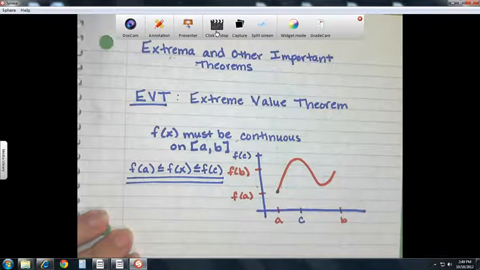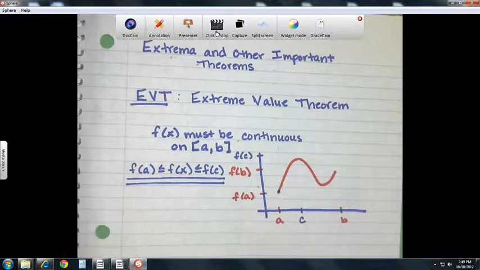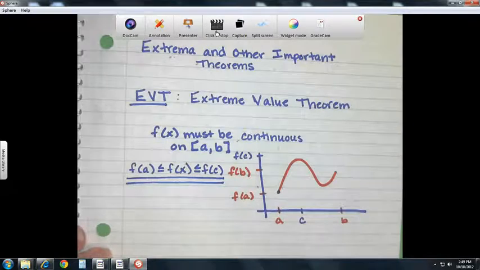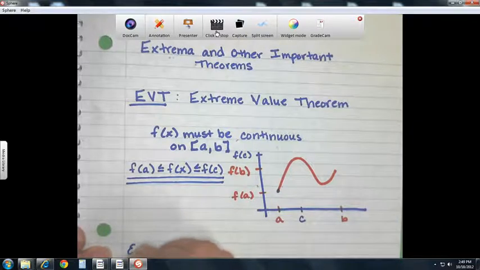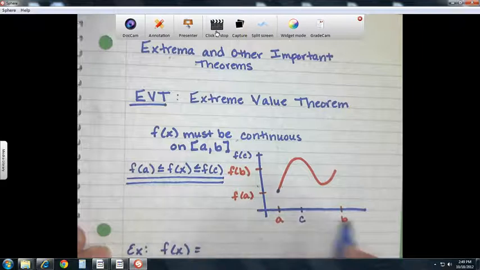But how do we find them? Function f of x equals 3x squared minus 2x plus 1.